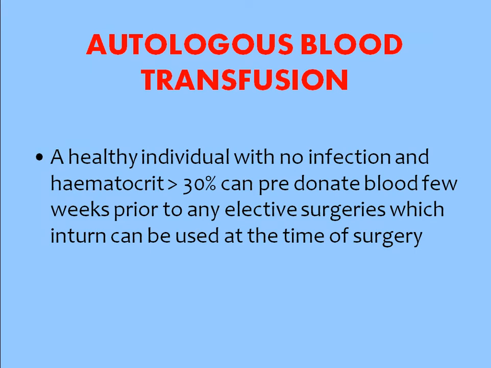This will have a very low infection rate and other problems associated with it, because it is the patient's own blood, and graft versus host disease and other reactions would be very few. So in a healthy individual, if there is no infection and hematocrit is more than 30%, they can donate blood around 3 weeks before surgery, and this can be processed and transfused back into the patient, that is during surgery if necessary.